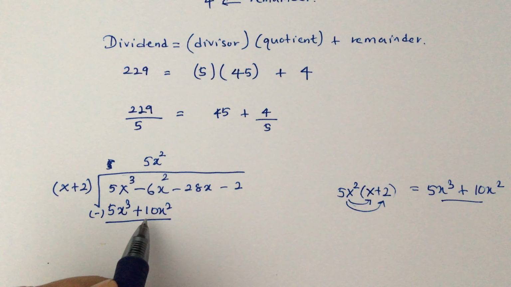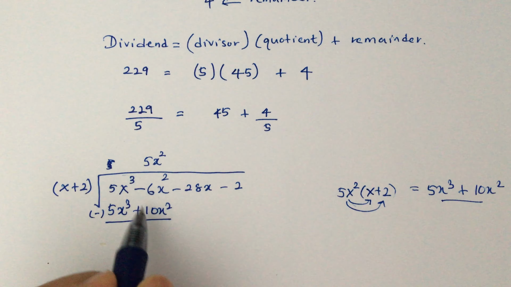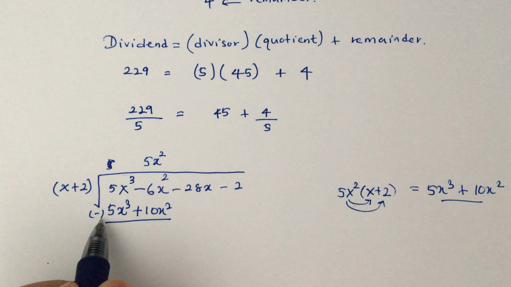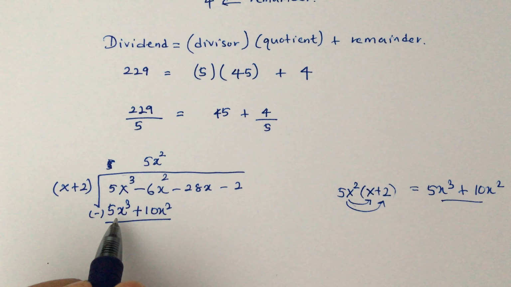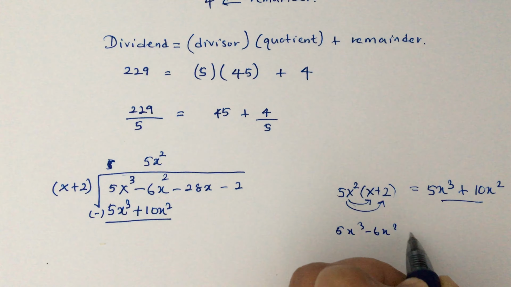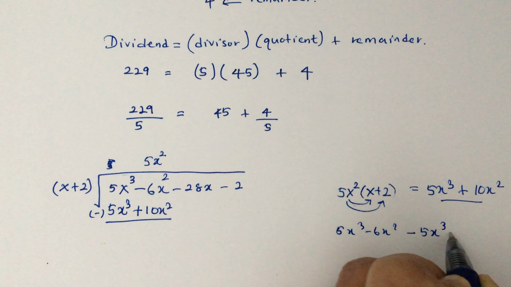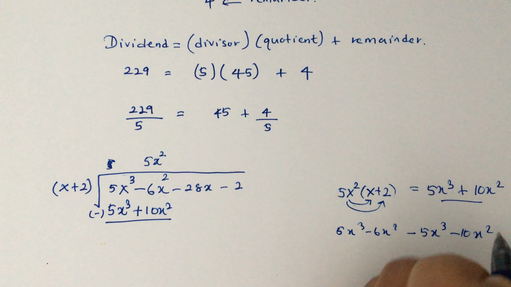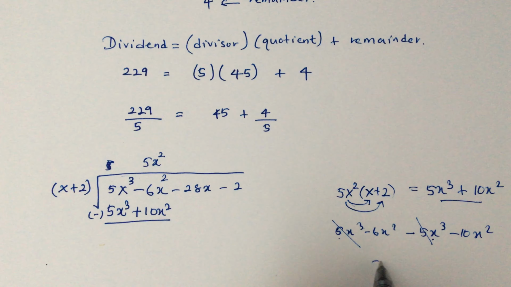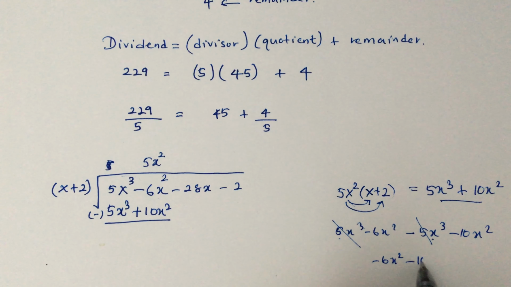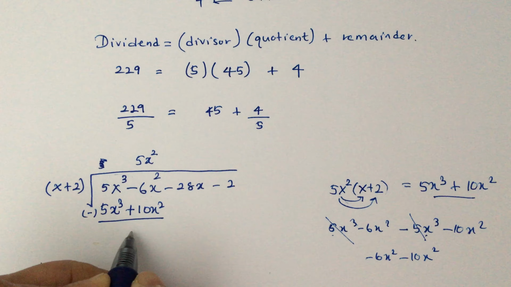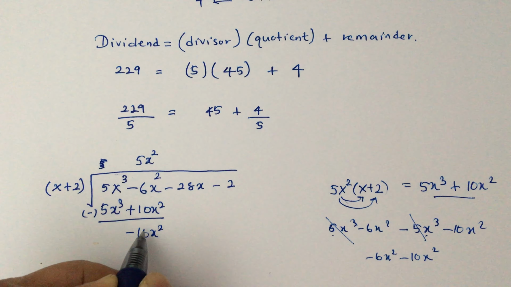So this is negative 6 and this one is also negative 10, right? Because we have a negative over here. So we are doing the subtraction. That means 5x cubed minus 6x squared minus 5x cubed minus 10x squared. So these two cancel, right? Positive and negative. And this one, negative 6x squared minus this one gives you negative 16x squared, right?